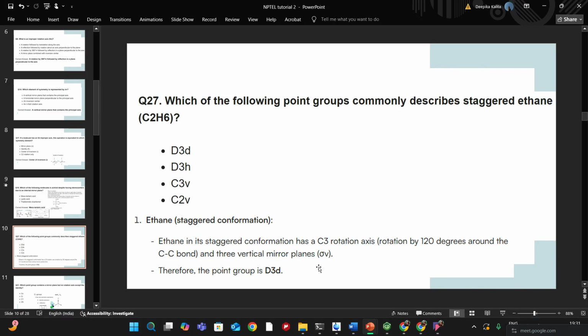Hence, the point group which will be given to staggered ethane will be D3d. And this question has also been solved in the video lectures already.